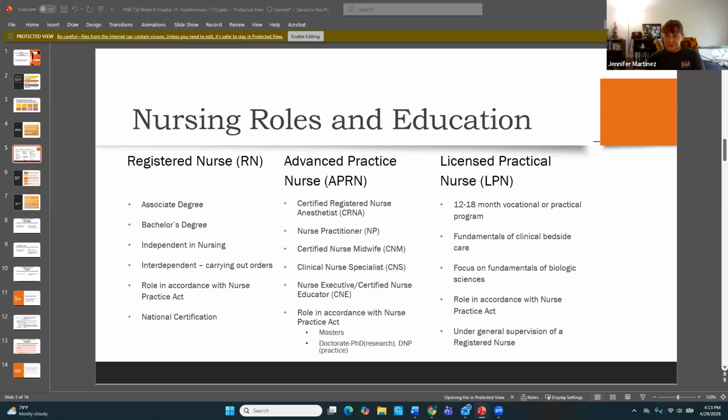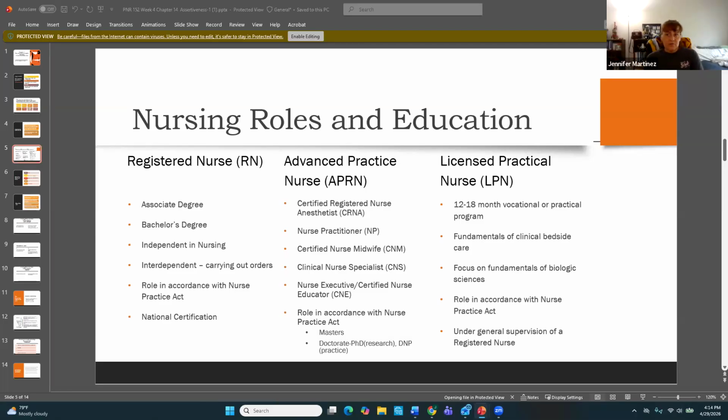Difference between bachelor's and associate's, obviously the different level of education, but bachelor's programs also emphasize nursing theory, including public health, which is a little bit different. A lot of your associate degree programs don't have a whole lot of public health, but different levels.